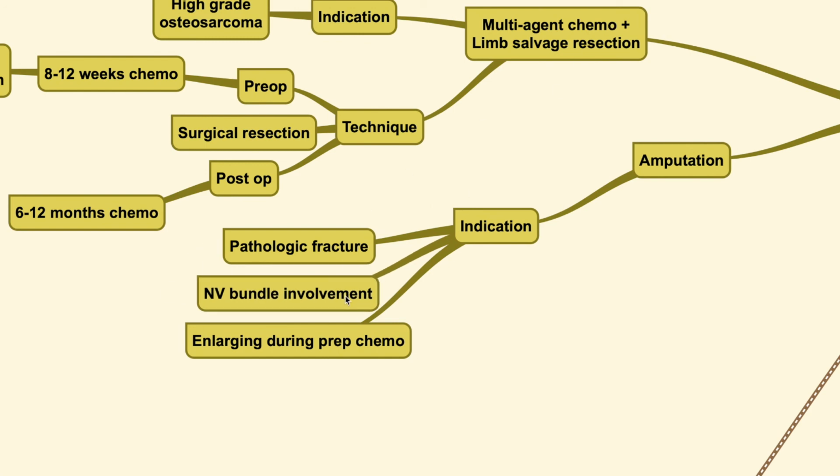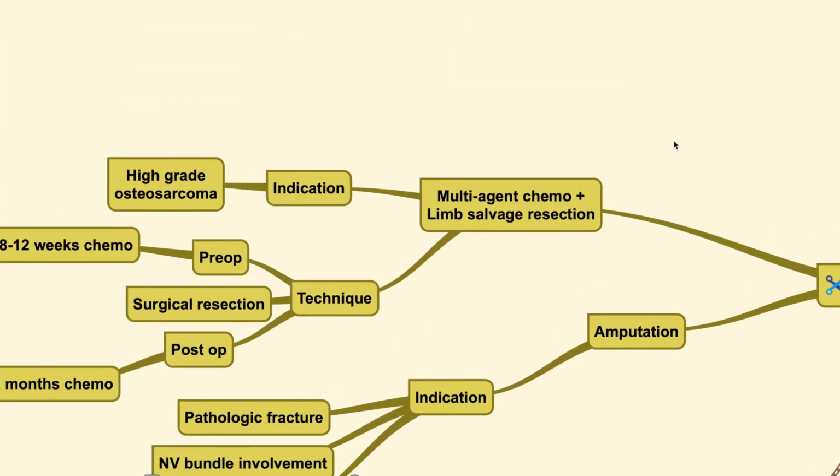Next would be neurovascular bundle involvement, and also if during the pre-op chemo, the chemo is not working, the tumor is not responding to the drugs, and therefore the tumor enlarges. If you see any of these indications, then definitely amputation is the go-to choice.